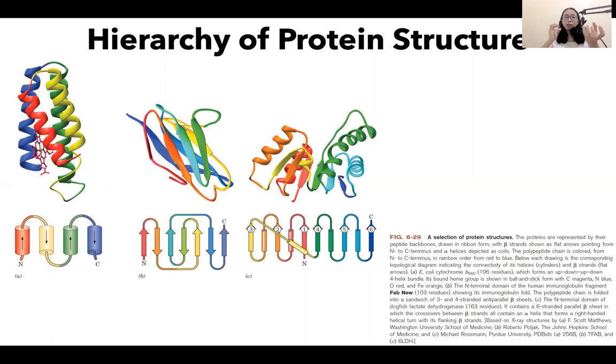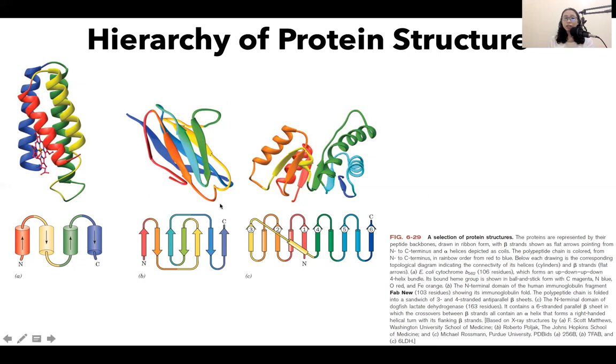Hydrogen bonds between residues far apart from each other in the sequence and are brought in proximity because of the folding of the protein, that is also part of your tertiary structure. So these are the factors that dictate the overall structure of your protein. So tertiary structure is the three-dimensional overall structure of one polypeptide chain.